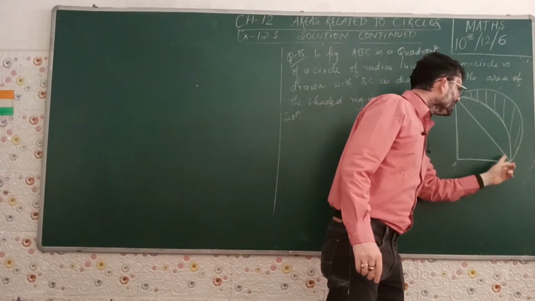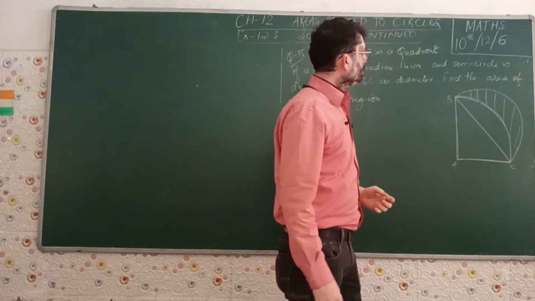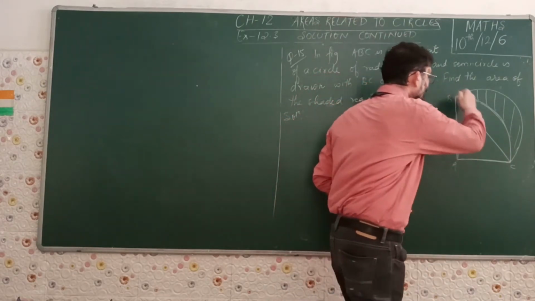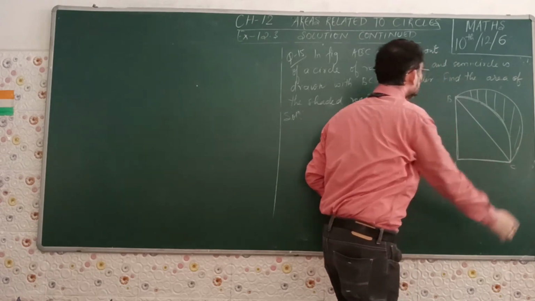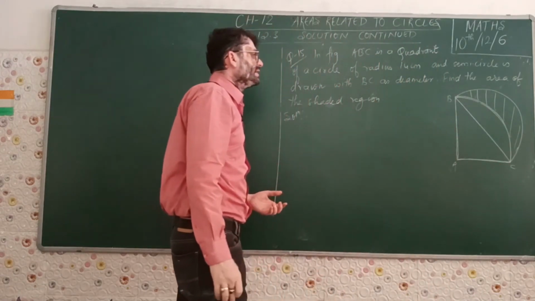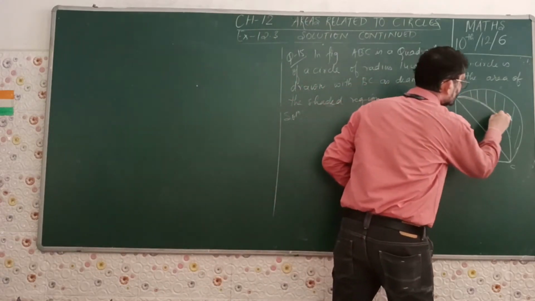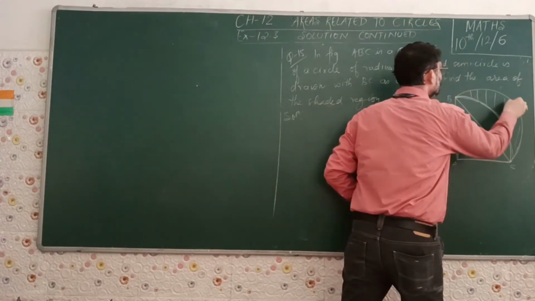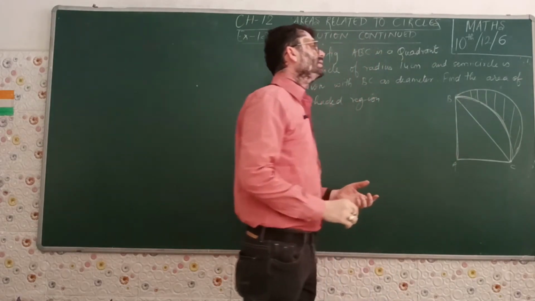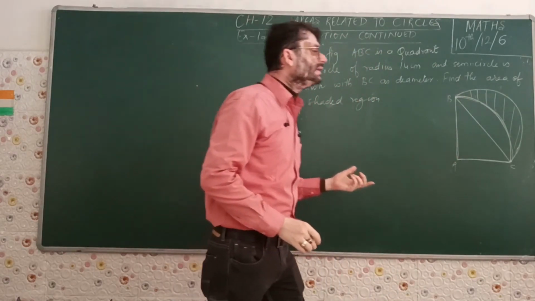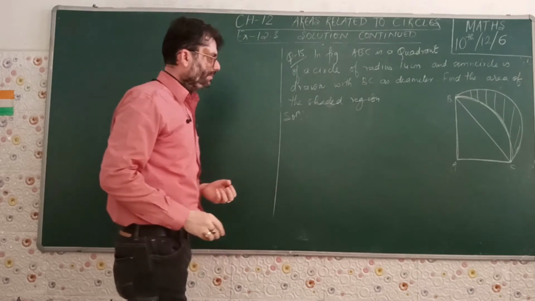So this is the triangle that is formed inside the sector of the quadrant, and taking BC as diameter, a semicircle is drawn. We need to find the area of the shaded region that is lying between this and that, which is the region lying between the semicircle and the curvilinear part of the sector.